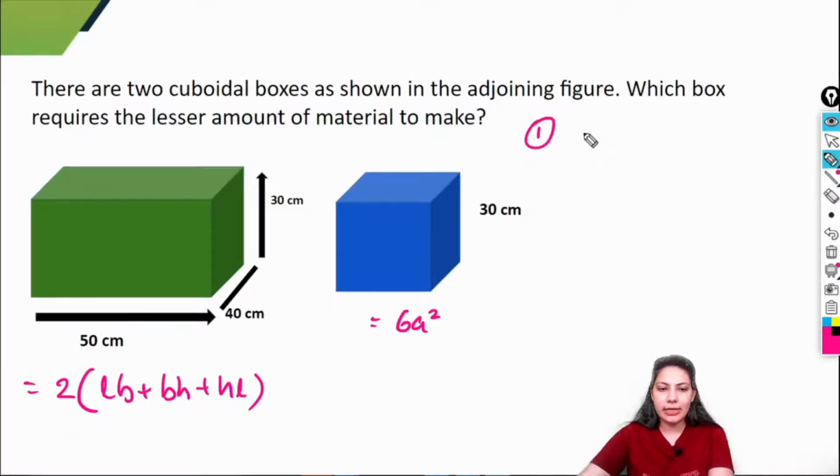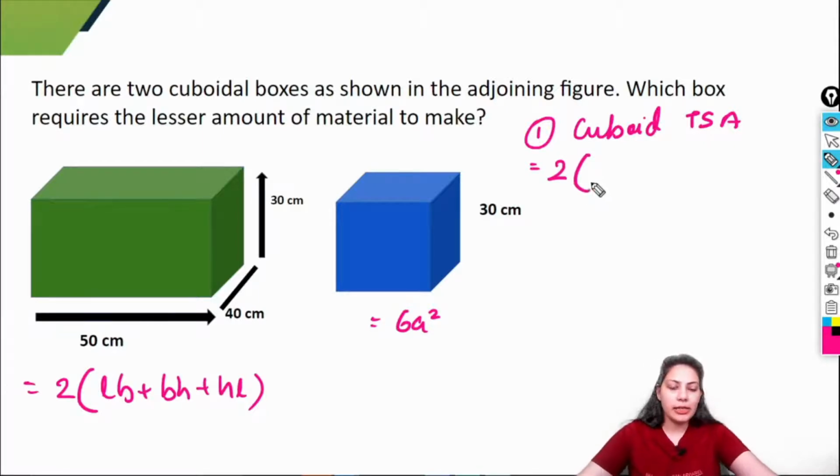So firstly, let's calculate the cuboid TSA. Okay. So 2 into, directly, length is 40 into breadth. Sorry, breadth is 40.